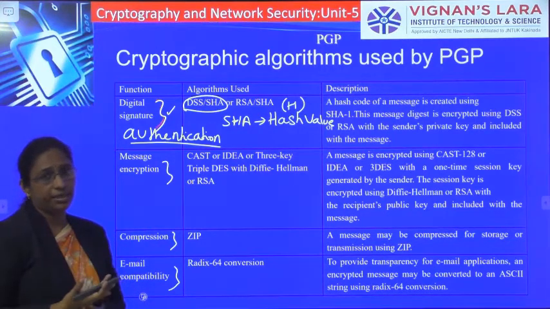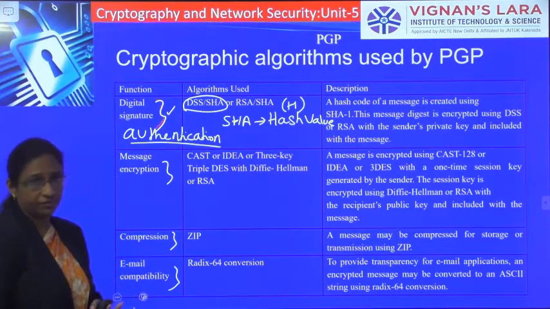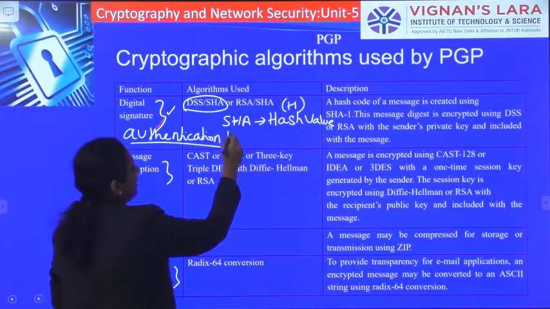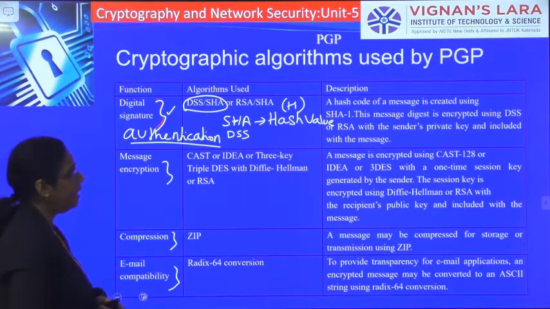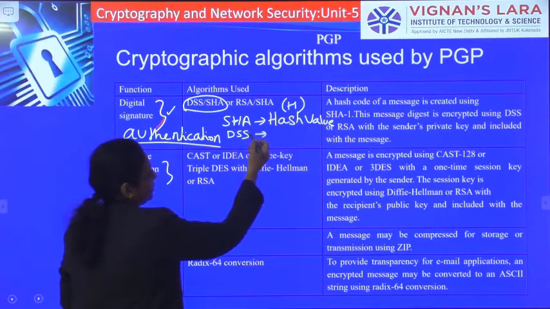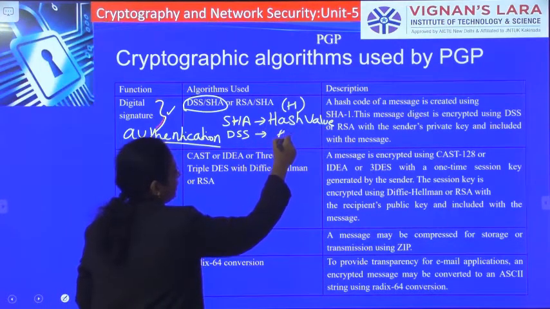That encryption is done by a public key crypto system. The public key crypto system that we are using here is DSS, the digital signature standard. By using this digital signature standard, we will be encrypting the hash value.